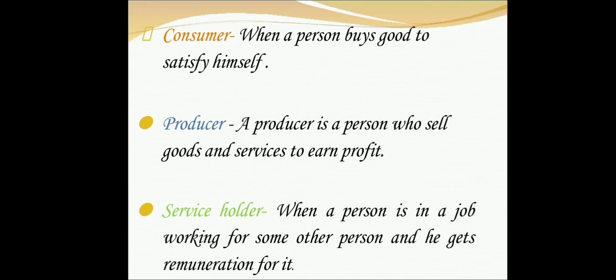Now let's take all the terms one by one. First, consumer. When a person buys goods to satisfy himself, means a person goes to the market and purchases goods for himself. Take for example, the person has gone to the market and purchases milk.